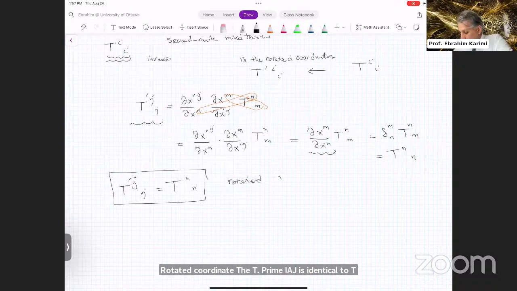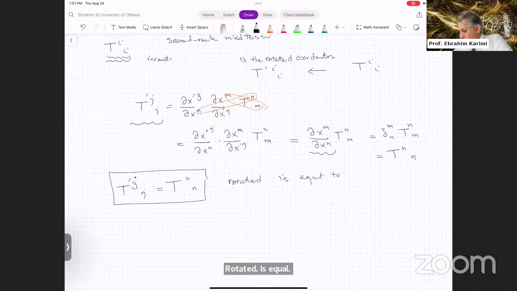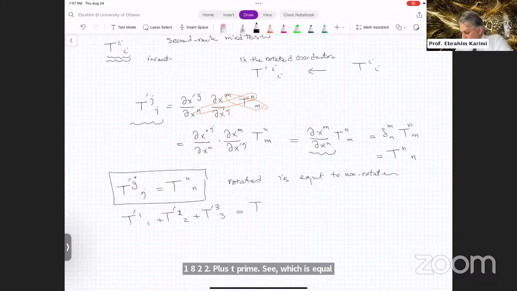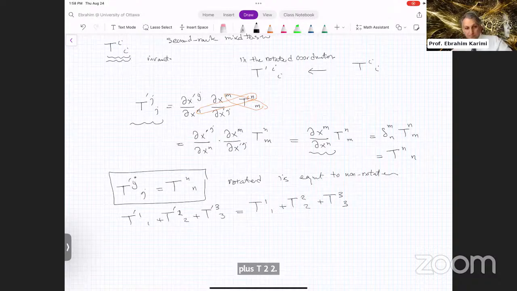Rotated is equal to non-rotated. Remember that t'_11 plus t'_22 plus t'_33 is equal to t_11 plus t_22 plus t_33. Okay, so that is what we obtained.